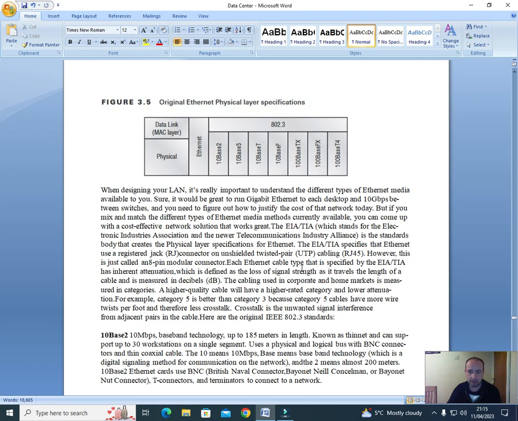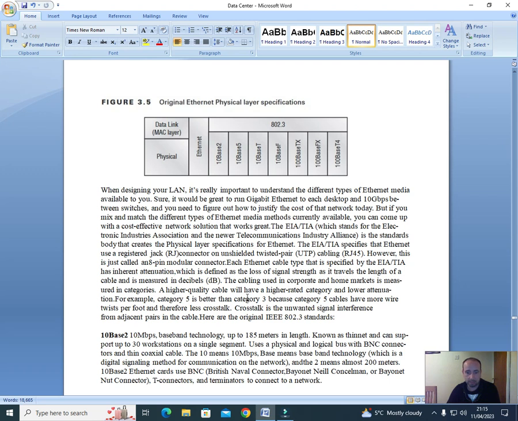Each Ethernet cable type that is specified by the IEEE has inherent attenuation, which is defined as the loss of signal strength as it travels the length of a cable, measured in decibels (dB). The cabling used in corporate and home markets is measurable in categories.